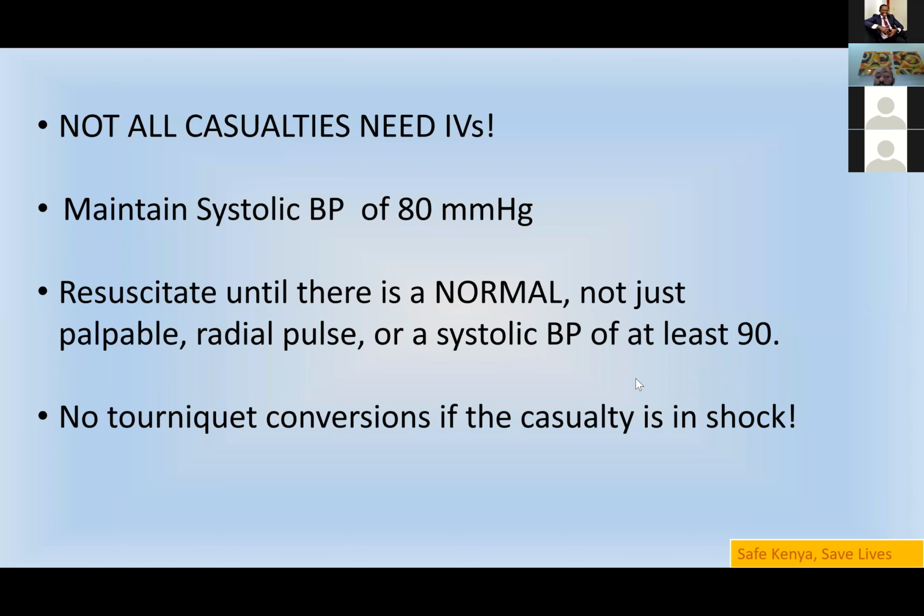If we do, then we'll just check it normally. We want to resuscitate the patient until there's a normal palpable radial pulse. So we want it to be a nice, strong pulse that we can feel without closing our eyes and digging around the arm, trying to see if we can feel that pulse. You want to be able to feel it.